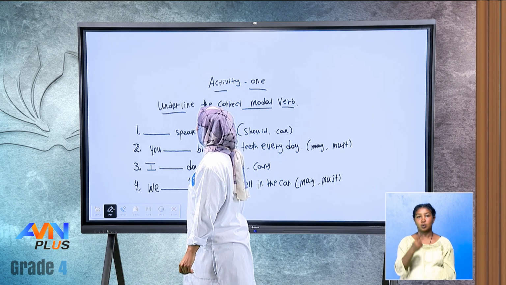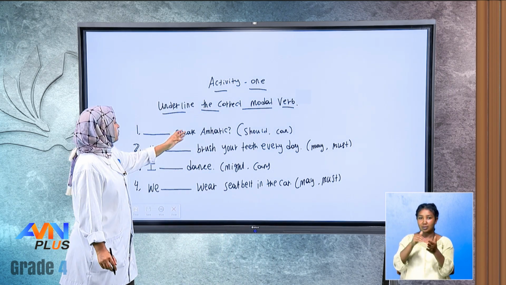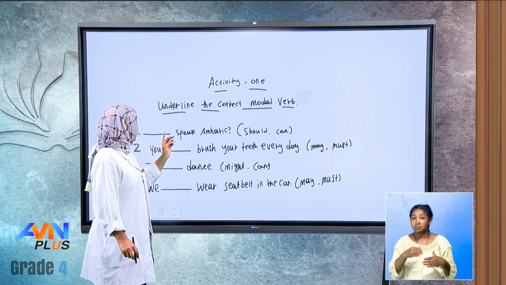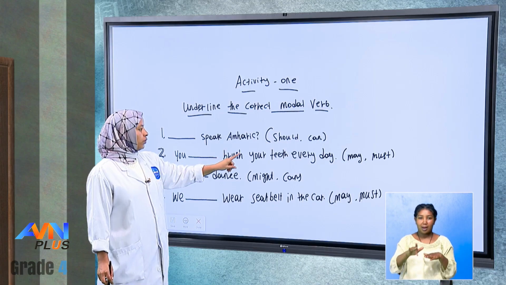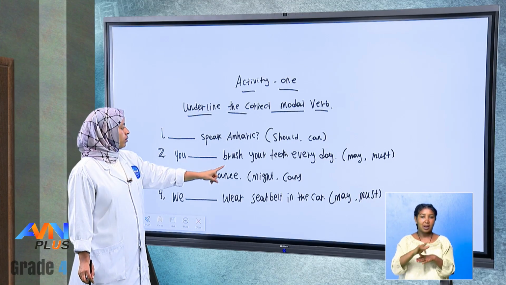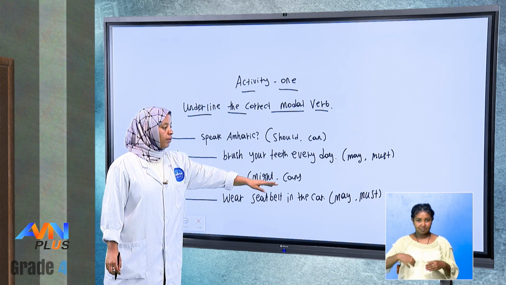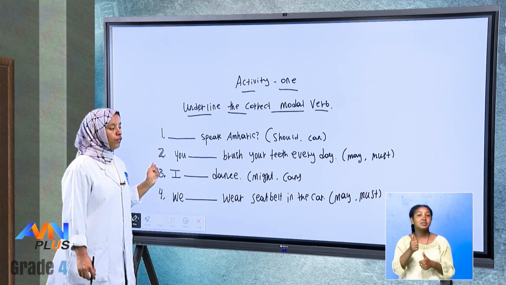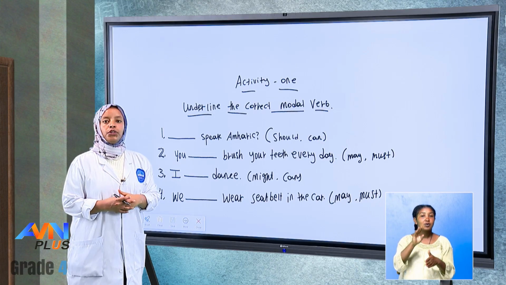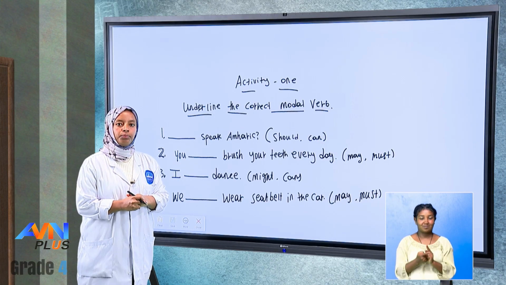Look, students, these are your choices. Let me read the questions. Blank speak Amharic, should or can. You blank brush your teeth every day, may, must. I blank dance, might, can. We blank wear seatbelt in the car, may, must. Let me give you 4 questions, 3 minutes, and we'll practice again together.